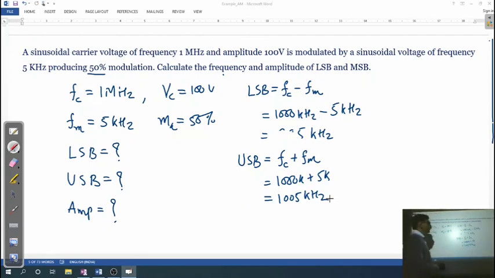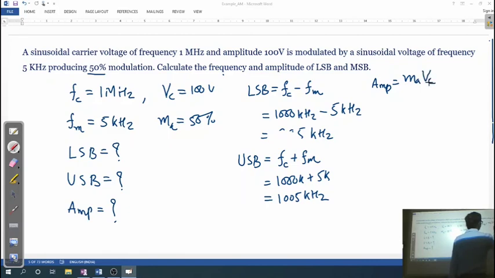So the amplitude of the sideband frequency is given by Ma Vc by 2. What is the modulation index? It is 50%, means it is 0.5, multiplied by the amplitude of the carrier wave, it is 100 volt, and then divide by 2.